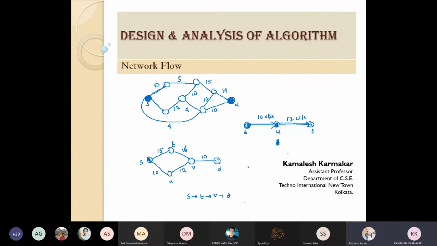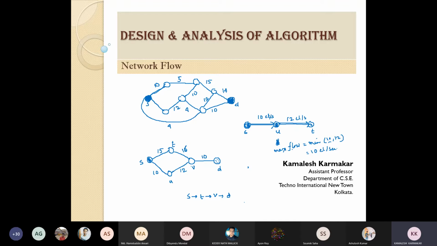Then 10 will be the answer. So the max flow of this network will be the minimum of the links, so minimum of 10 and 12. So obviously 10 cubic liter per second.